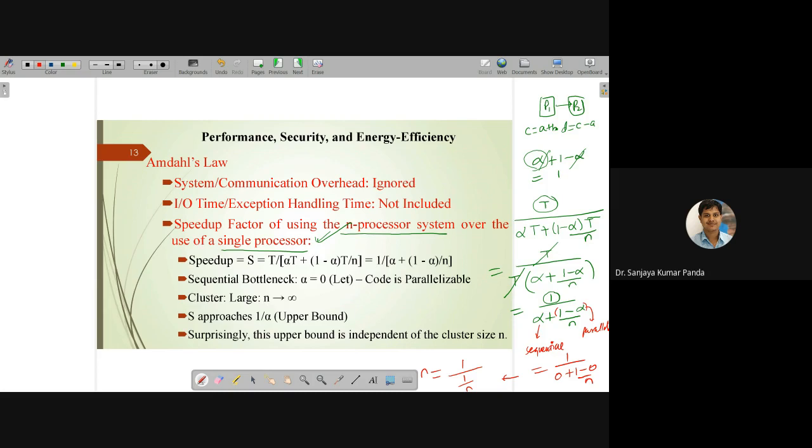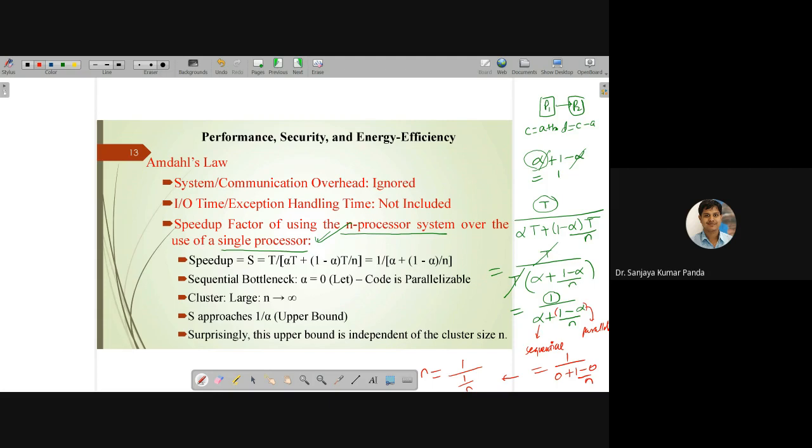When you deal with a large number of clusters, and generally we do, the backbone of cloud is only the clusters and grids. So the n value is very high. n is nothing but your number of processors.